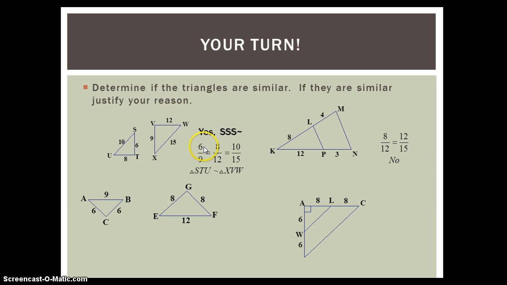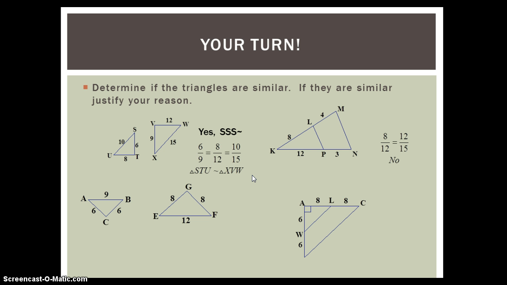So we took the three sides and put them in order from least to greatest, and we did this with the second triangle, least to greatest, and we compared these ratios. Well, 6 to 9 is 2/3, 8 to 12 is 2/3, and 10 to 15 is also 2/3. So by the side-side-side similarity postulate, we know that these two triangles, STU and XVW, are similar.